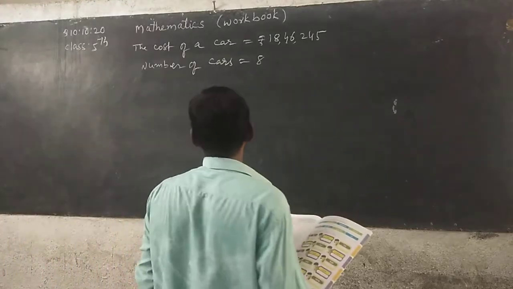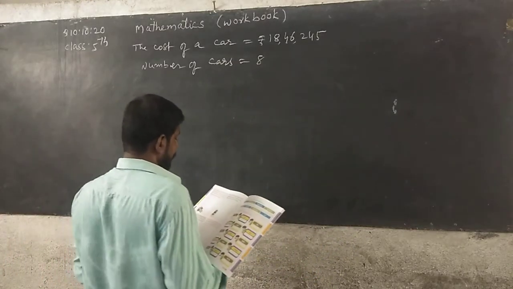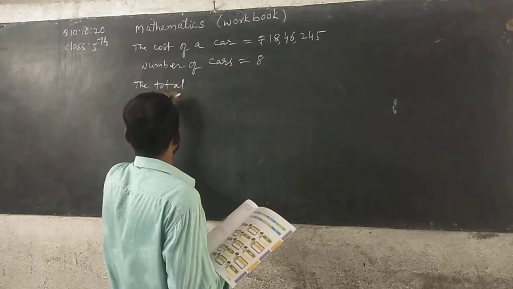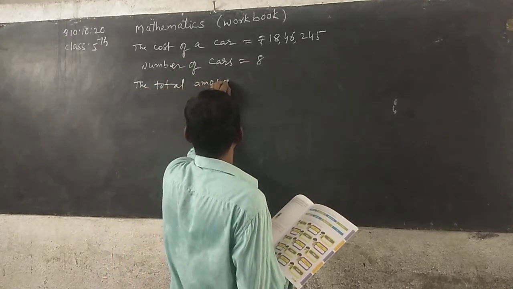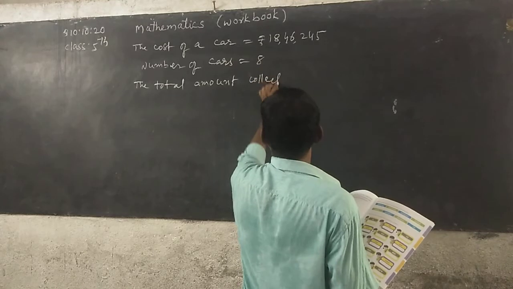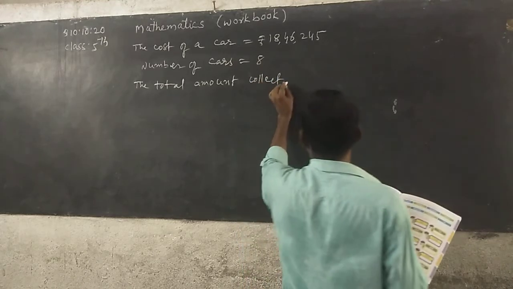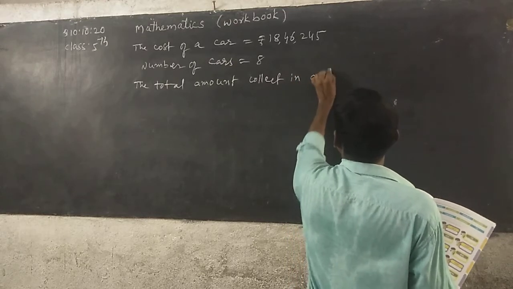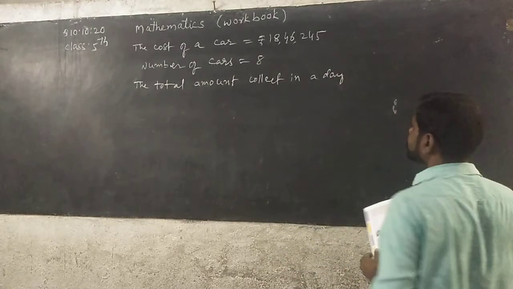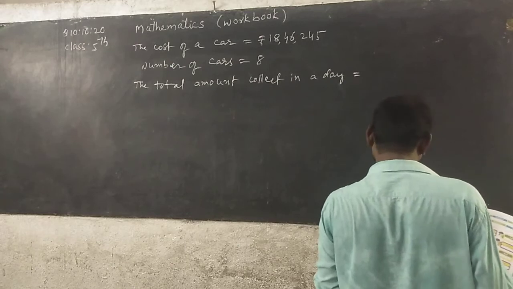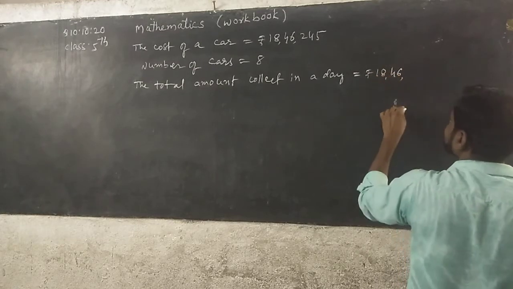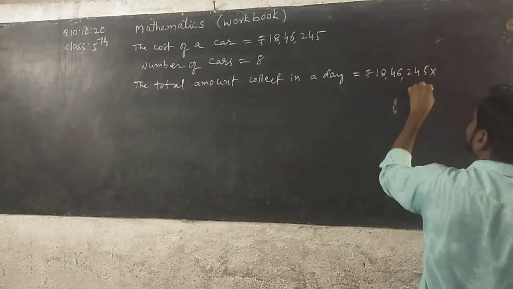The total amount collected in a day is equal to 18,46,245 into 8.